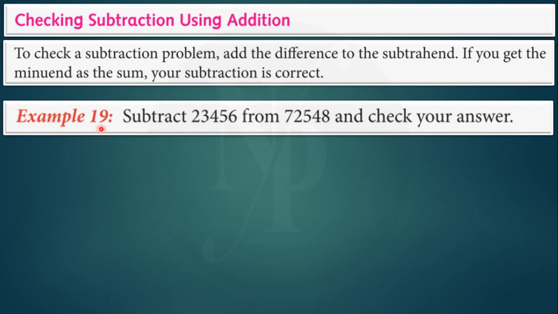Example number 19. Subtract 23,456 from 72,548 and check your answer. So here we have to subtract this number from the second number, and after subtracting we have to check our answer using addition.